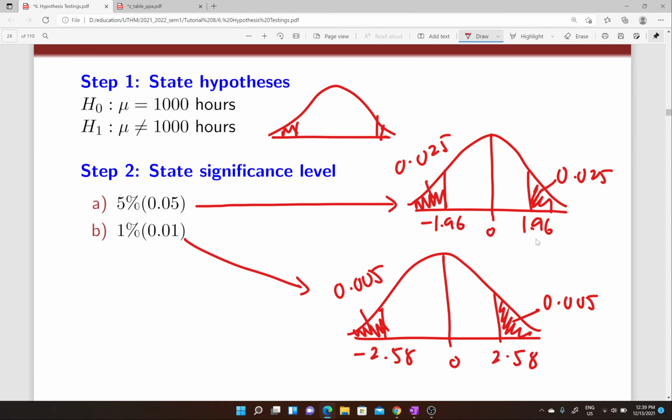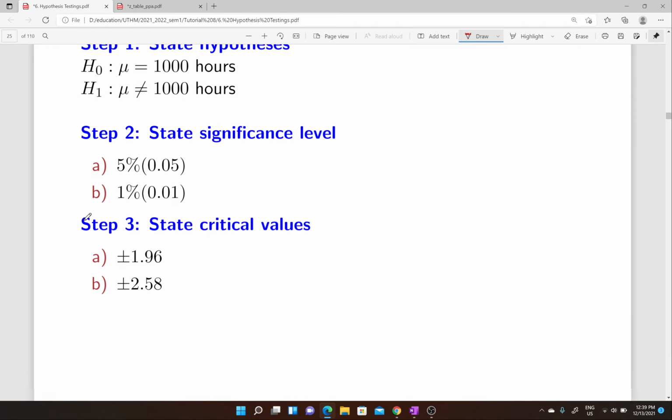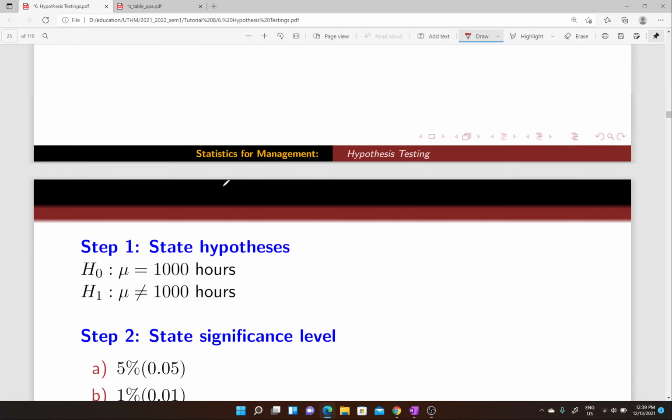So once you do this, you will get the critical values like this. Of course I have already written the critical values here.